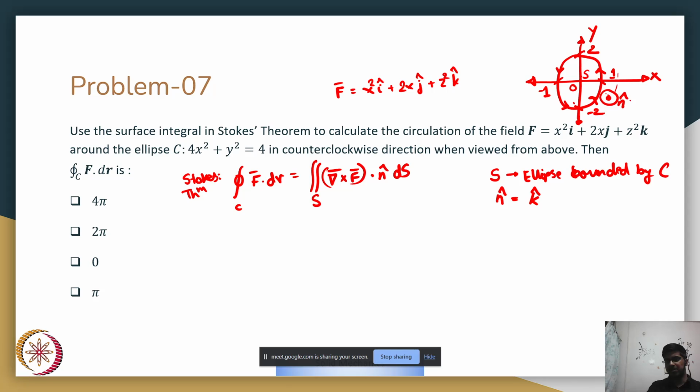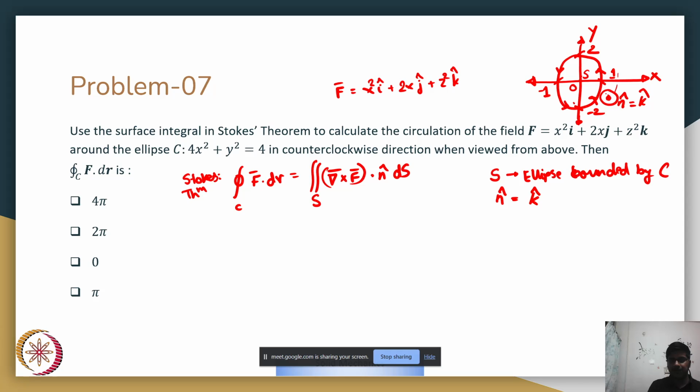So this is my normal. On the other side, if we take minus k hat as the normal, you will see that if you move along the path shown by the direction of curve C, then the region would fall on your right hand side.